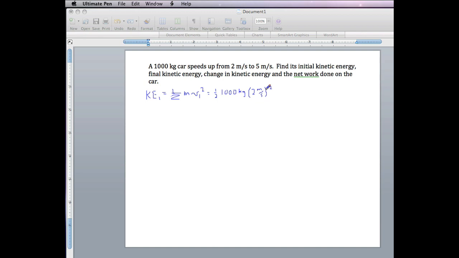When you calculate this, don't forget to square the 2. Sometimes people forget to do that. When we do the calculation, we get 2,000, and the units, kilogram meter squared per second squared, is another name for a joule.